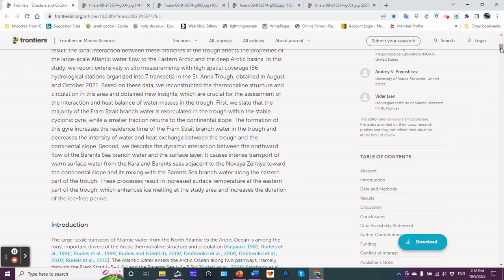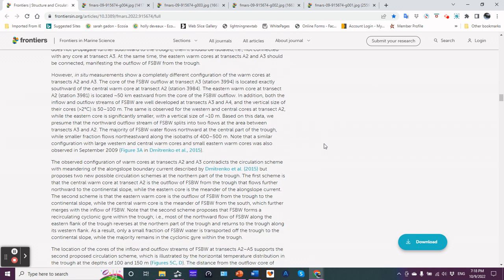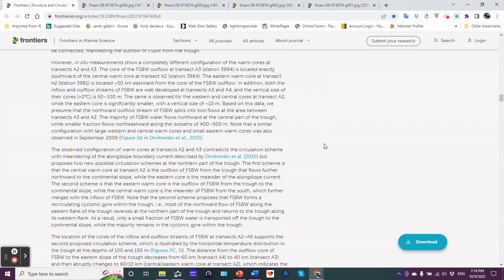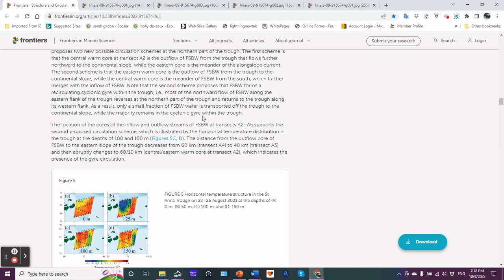So, in other words, as they show later on, they think that the second scheme is what takes place. The majority remains in the cyclonic gyre.